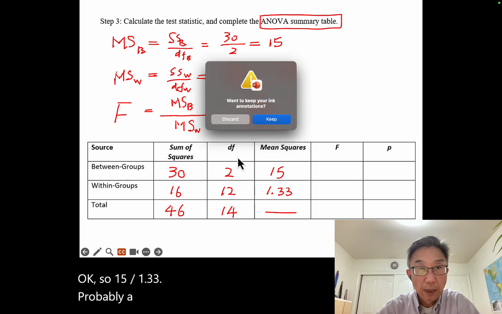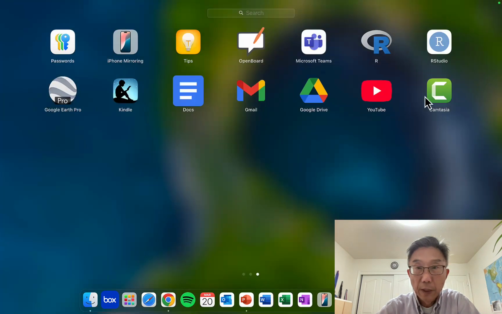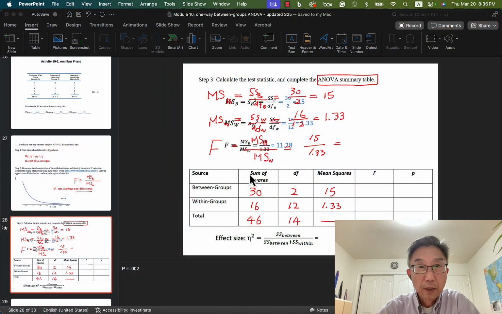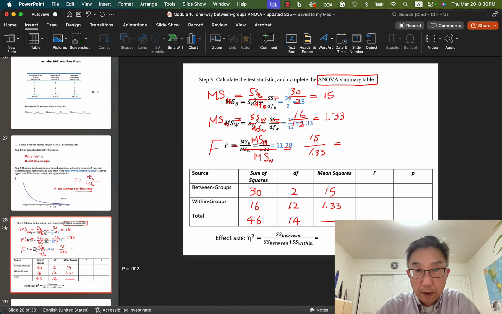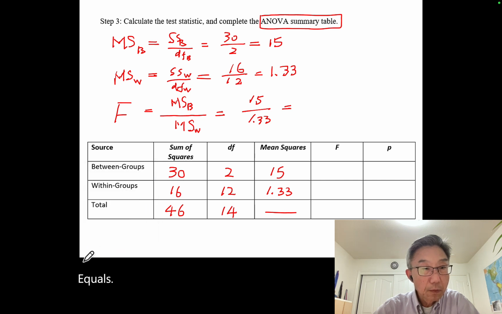So let me use one. 15 divided by 1.33 equals 11.28.